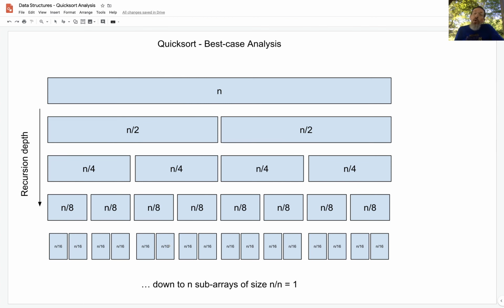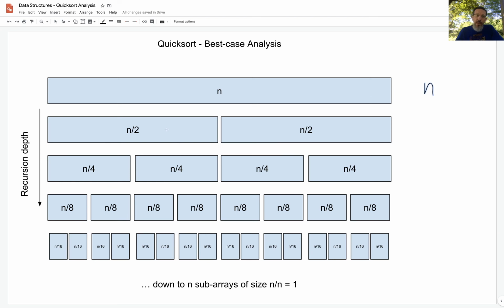So what's the total amount of work that happens if we were able to pick the pivot in such a way that every time we partition exactly in half? Well, we know that the partition algorithm costs n for a length n array. So at the top level, we partition, and it costs us n for this entire array.